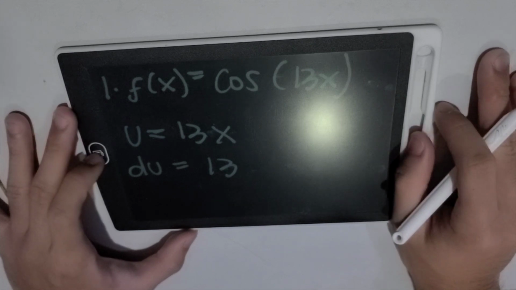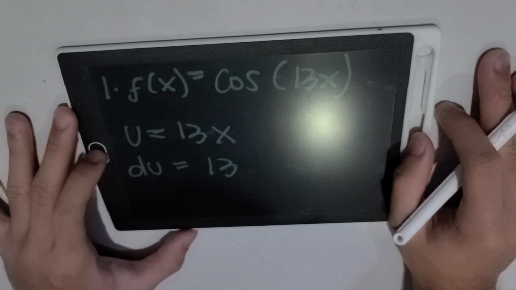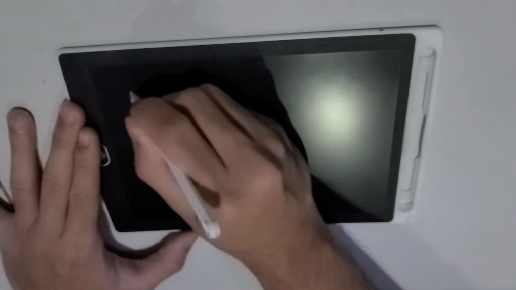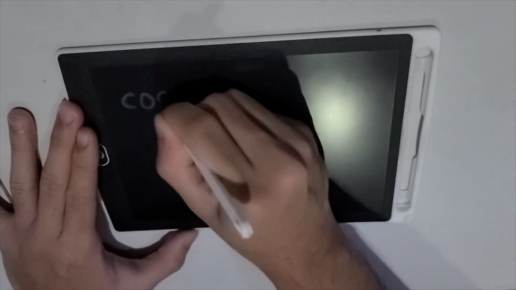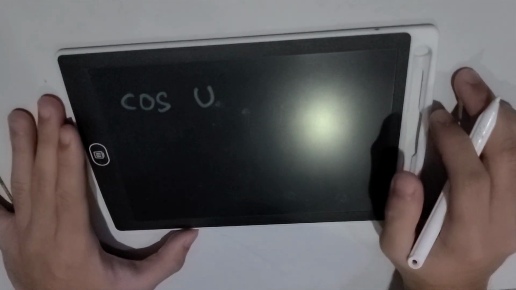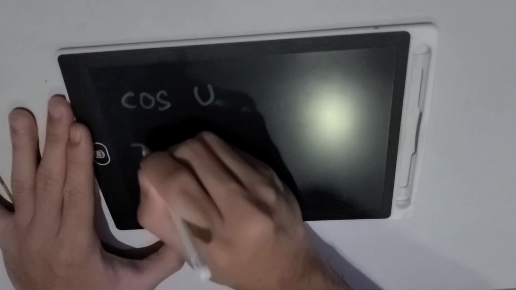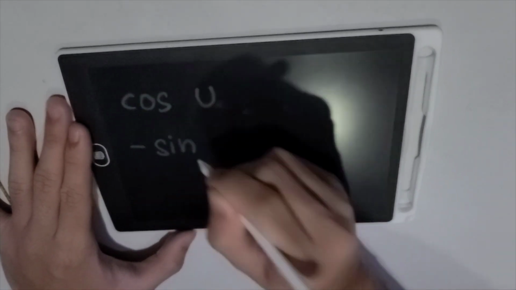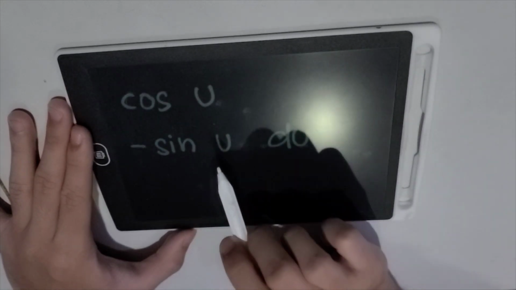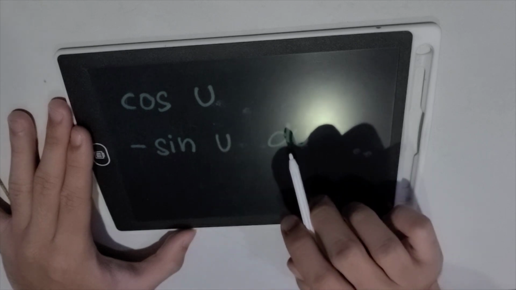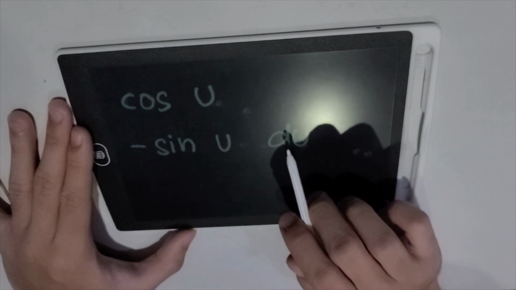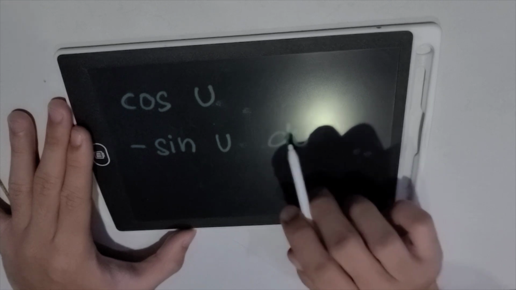Then, we shall now find the derivative of our cos. Cos u, which is, if you have looked at the screenshot, it is negative sine u du. U indicates 13x as du indicates its derivative.